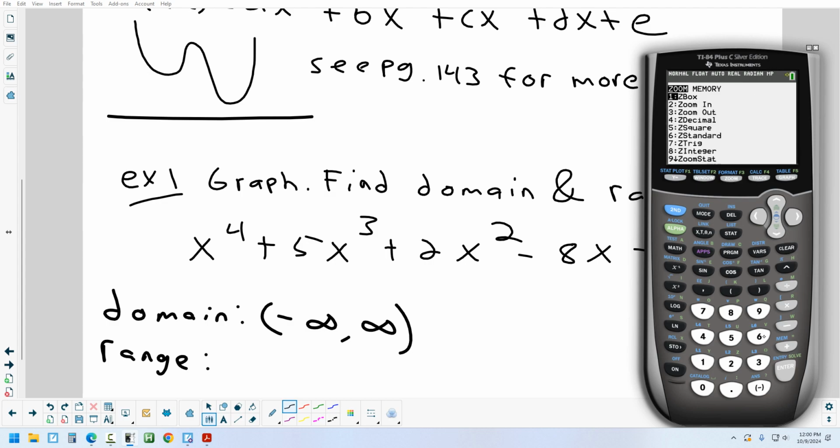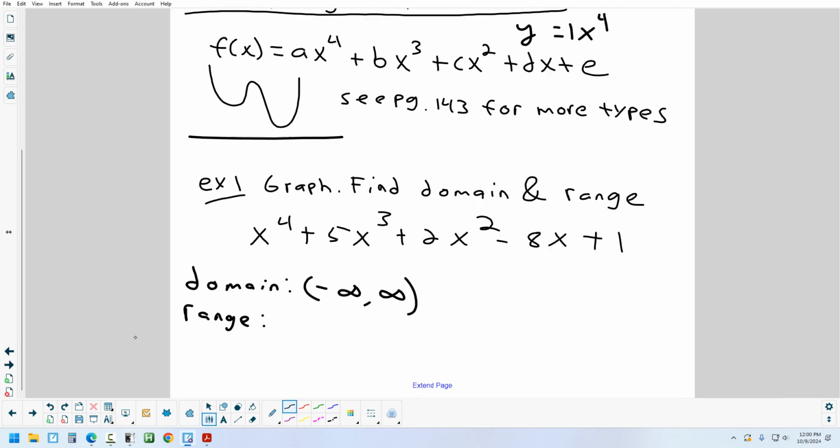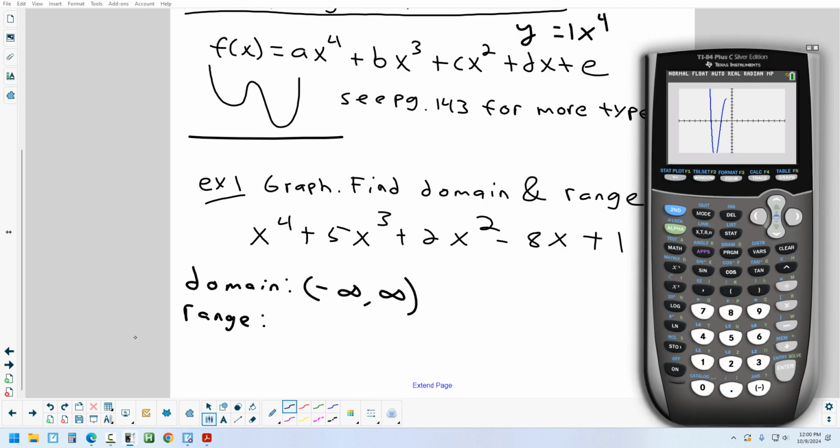I'm going to do zoom 6 and just see how that looks. Should probably go a little lower. If you haven't already graphed it, I would do your y min maybe negative 20.